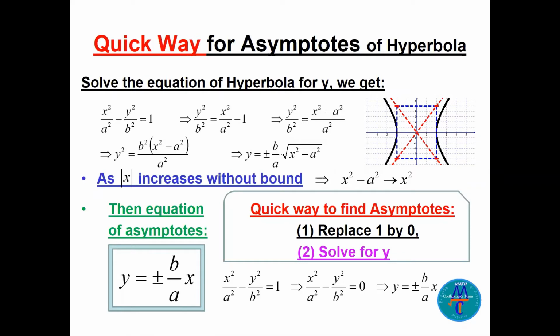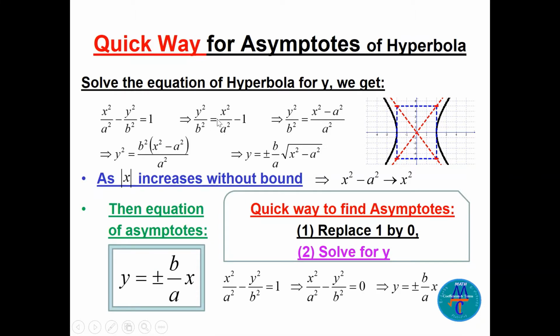Before I do that, I will explain the idea of the asymptotes. Suppose we have a hyperbola equation like this: x squared over a squared minus y squared over b squared is equal to 1. Let's solve for y, which means let's see what will happen to the graph as x goes to infinity in both directions.